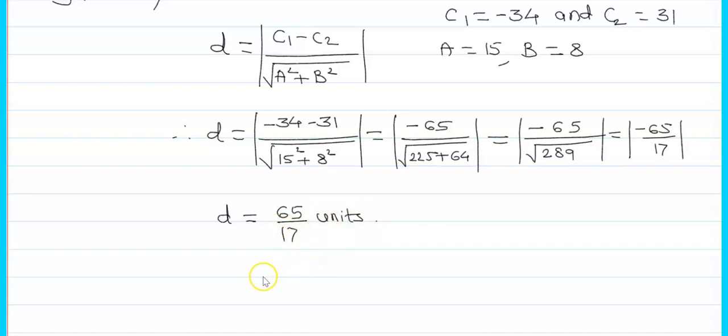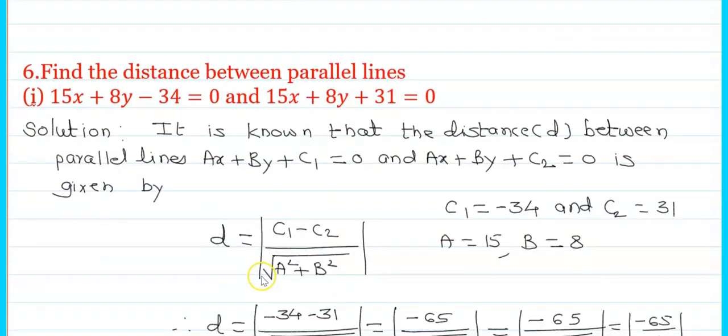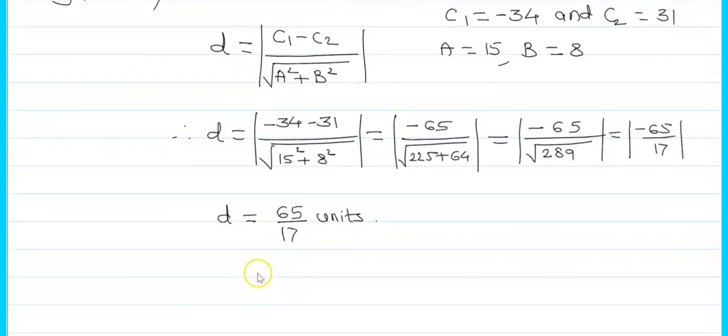Okay, this is the distance. Therefore the distance between the two parallel lines d is equal to 65 upon 17 units.